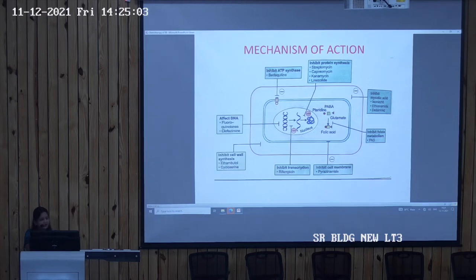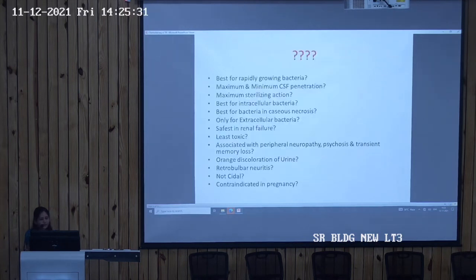Inhibiting the cell wall synthesis, ethambutol, cycloserine. Affecting the DNA synthesis, fluoroquinolones, clofazimine. They damage the DNA, fluoroquinolone and clofazimine. So just a few questions. Best for rapidly growing bacteria among the first line agents.